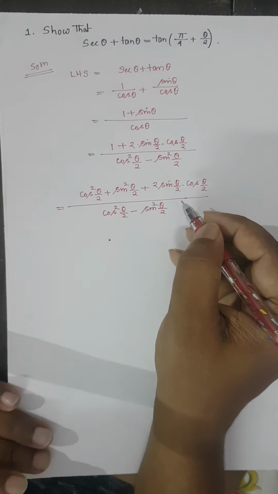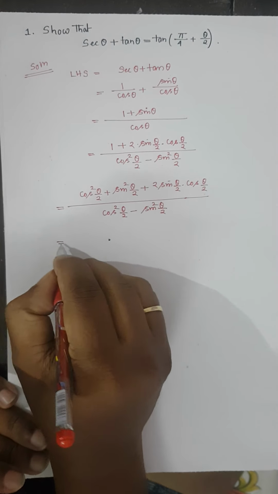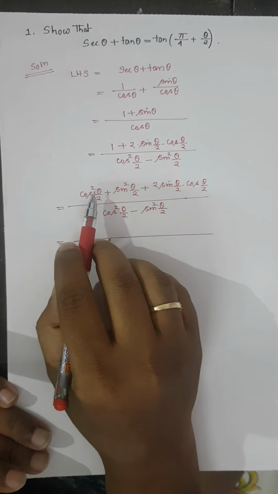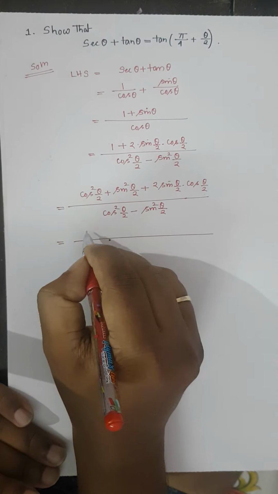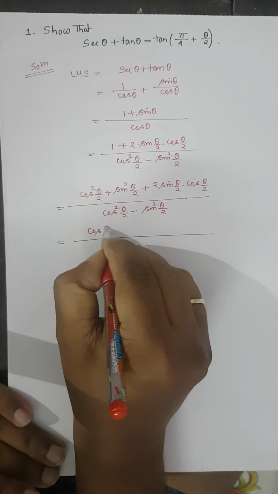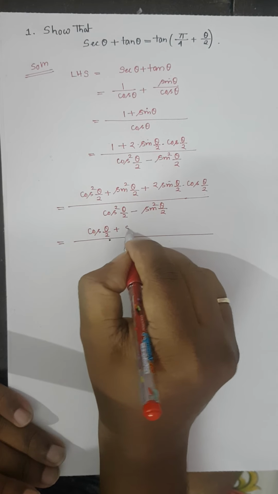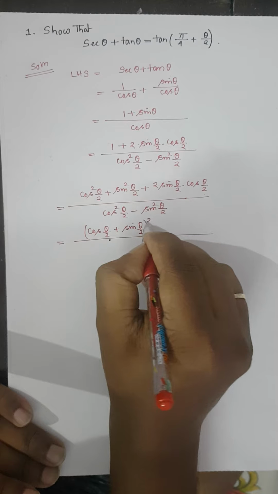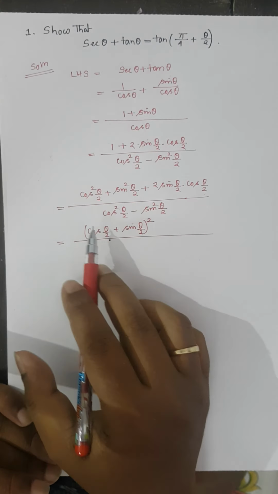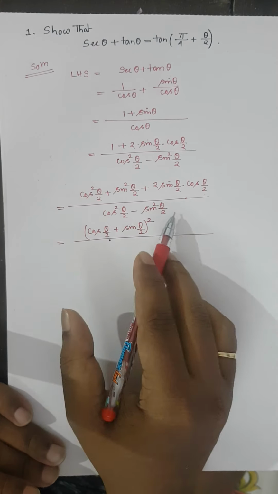Now you can write the numerator as a perfect square. This is a square plus b square plus twice ab. So it can be expressed as cos theta by 2 plus sin theta by 2 whole square, and in the denominator this is a square minus b square.